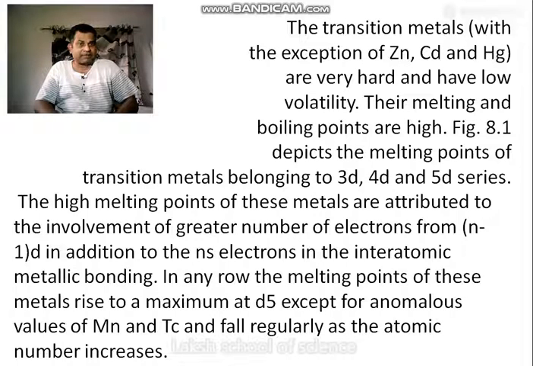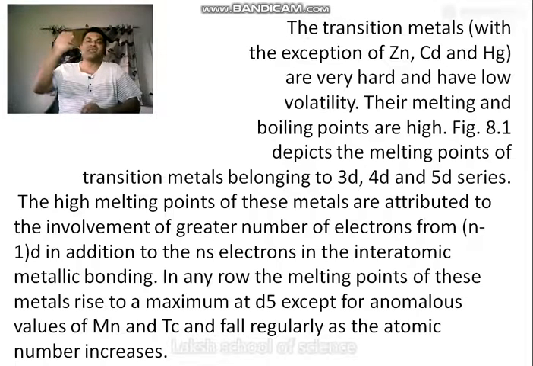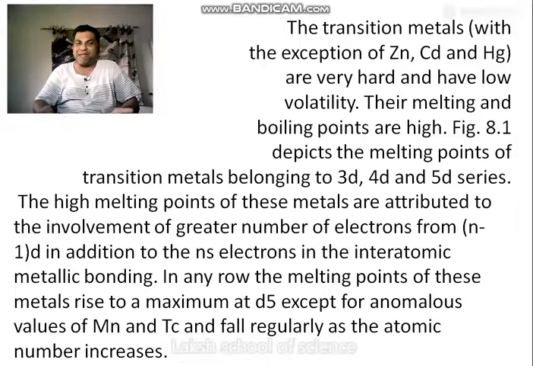Now volatility means, so volatile means they are kept at normal temperature, they can convert into liquid, solid stays solid, liquid stays liquid, gas stays gas. So at ordinary temperature, if they are changing state, then they are known as volatile. Those that fly away in open air are called volatile. So with the exceptions of zinc, cadmium and mercury, they are very hard and have low volatility.